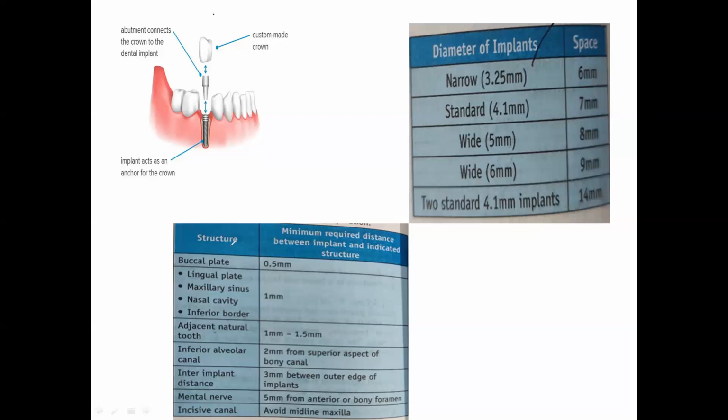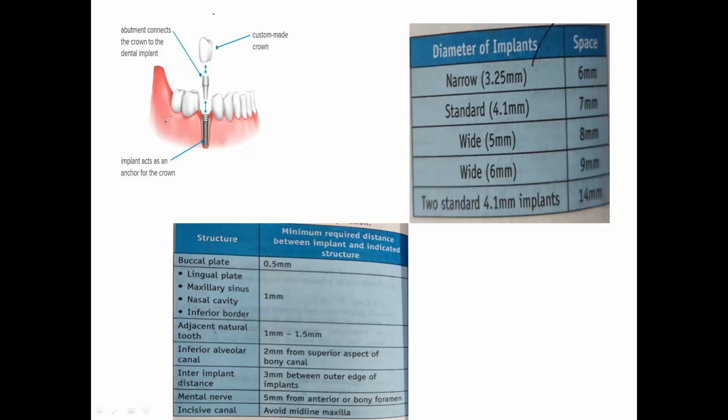Now see, if I am giving an implant over here, and this outer surface is the buccal plate, the minimum distance between the implant and the buccal plate should be 0.5 mm. As I'm giving the implant in the lower arch, you know that this is the inferior alveolar nerve.